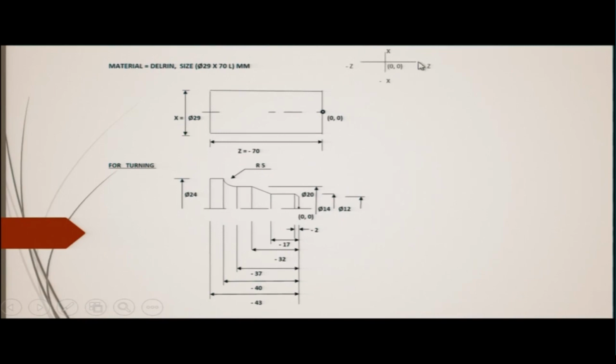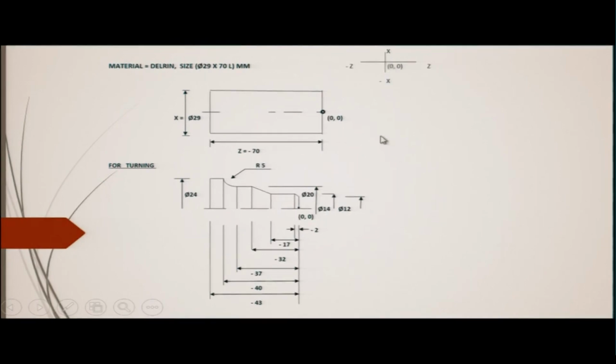And along this length, that is the feed direction, it is the Z axis, and all the dimensions will have a negative sign if they are lying to the left of this, and all of them will have the plus sign when they are lying at the right side of this. All right. Now, this is the origin.